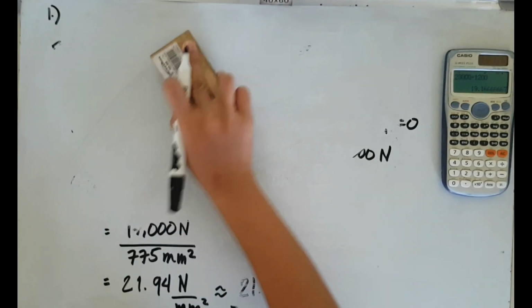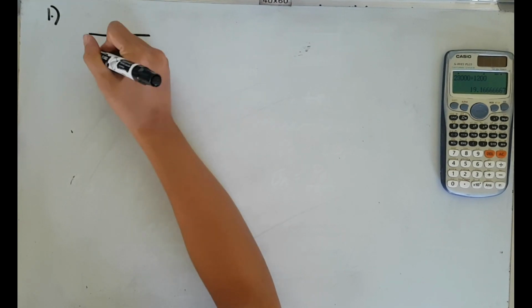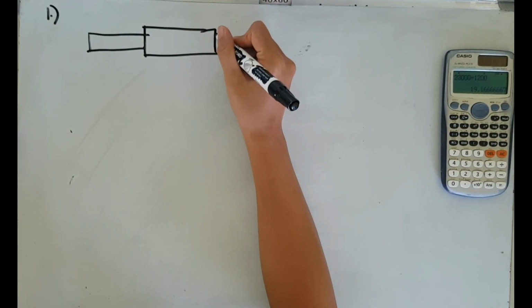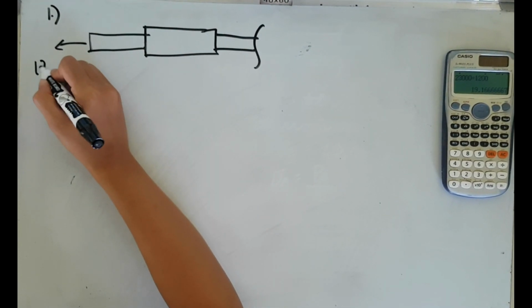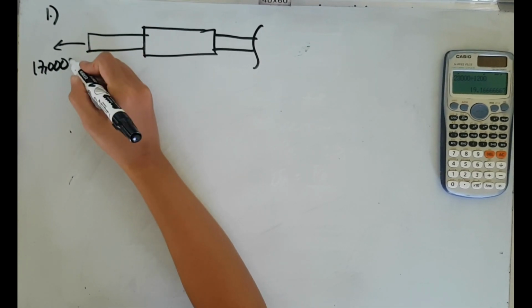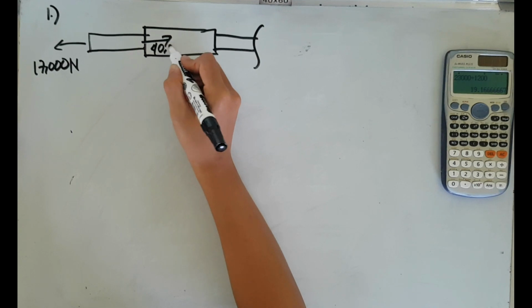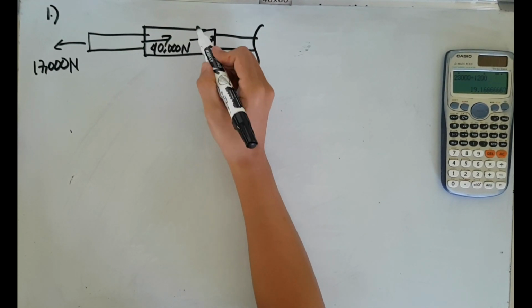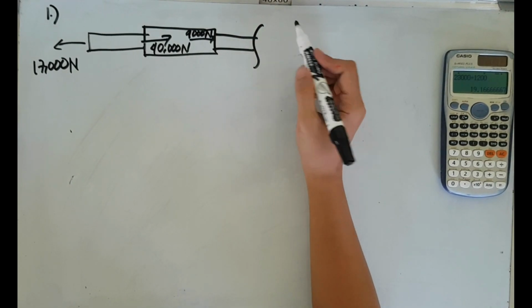And then for the last section, same step, we will pass an imaginary line at the steel section.